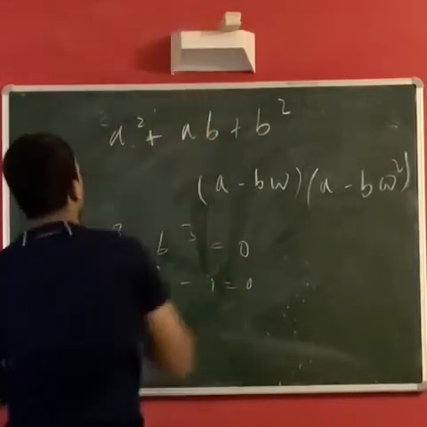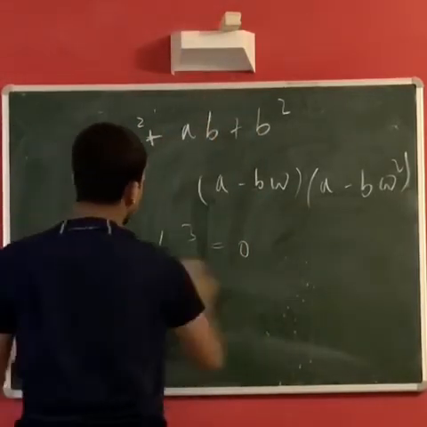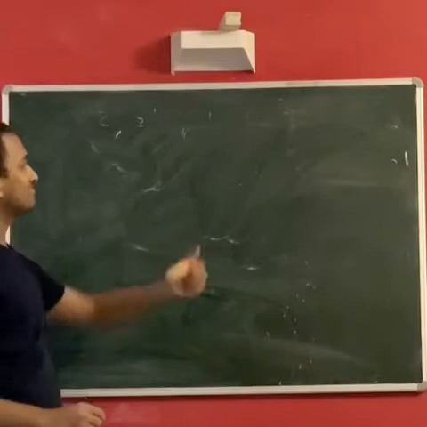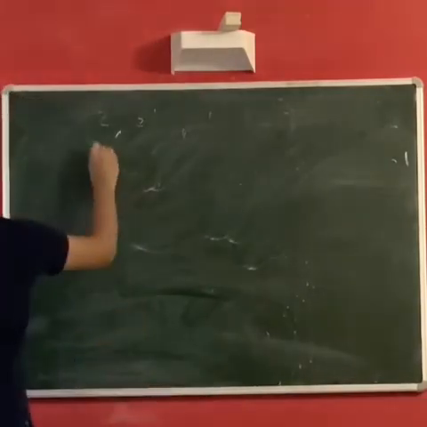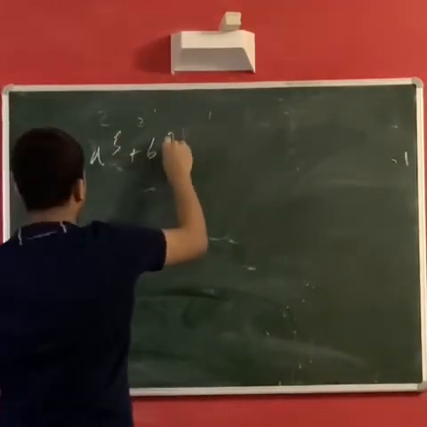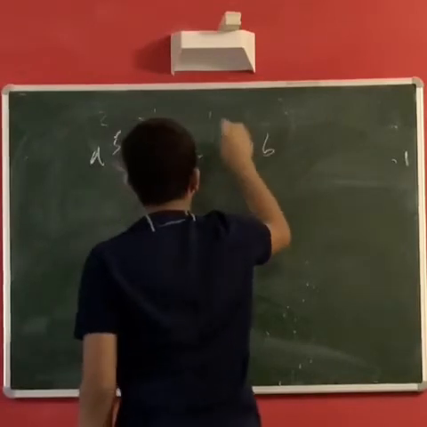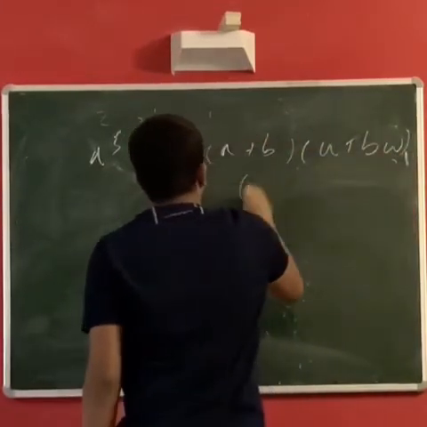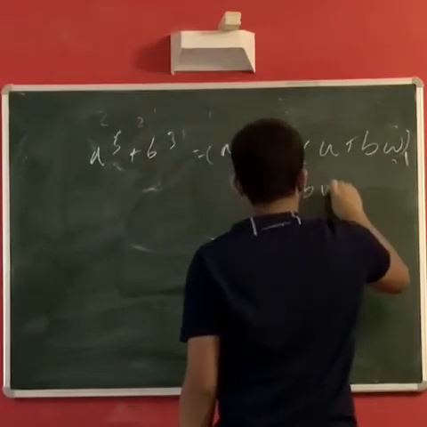I will now give another identity. Like we just had the identity before, similarly you can also get this identity. That is, a cube plus b cube is a plus b into a plus b omega times a plus b omega square.